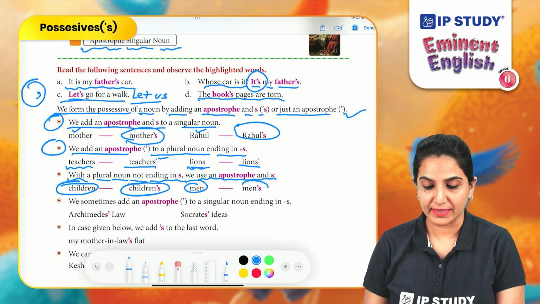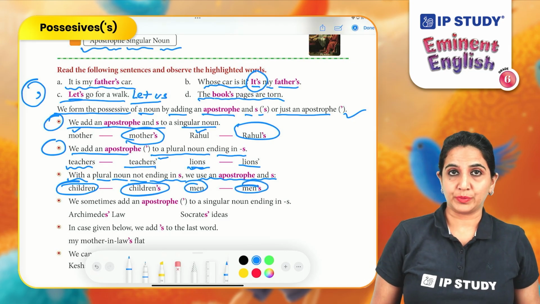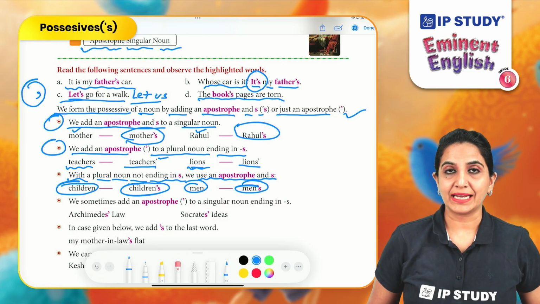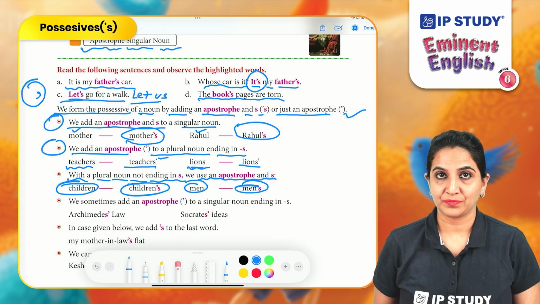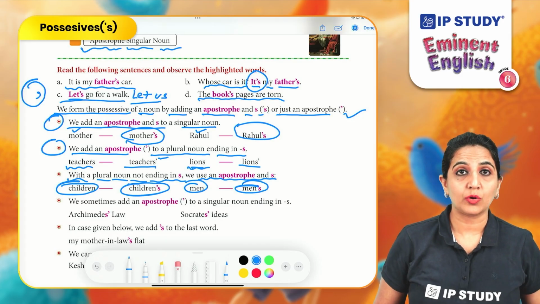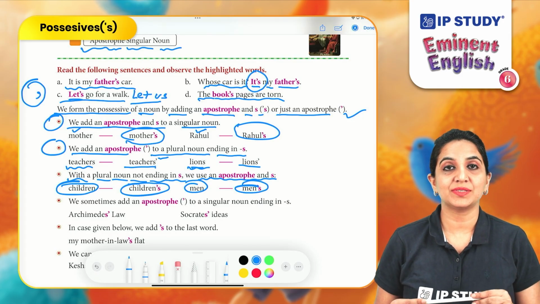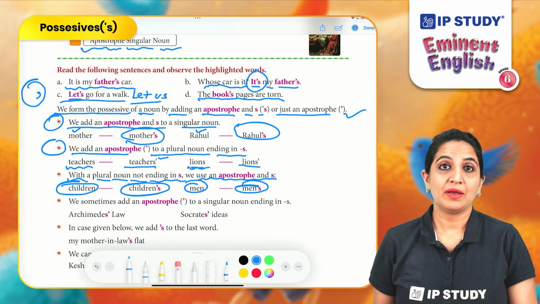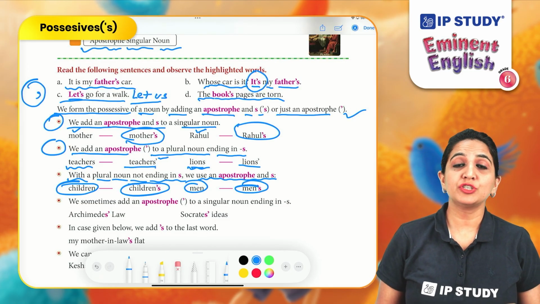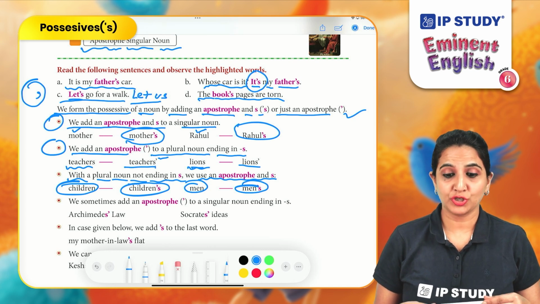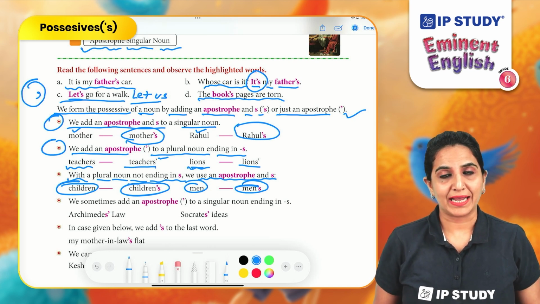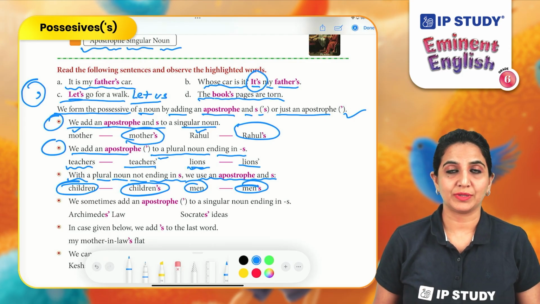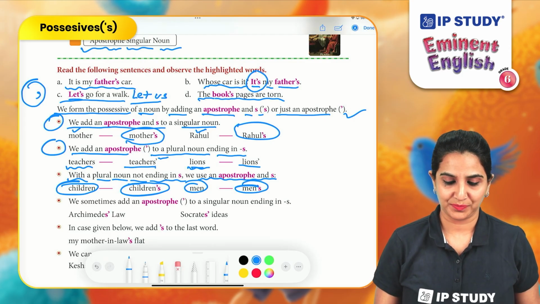men, men's. So the rule is simple: when there is a singular noun, you add apostrophe and S. But when there is a plural noun ending with S, you simply add an apostrophe after S. But when you have plural nouns which are not ending with S, like children or men, you add apostrophe and S both to the noun to show them as possessive nouns.